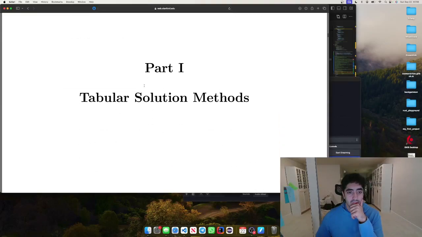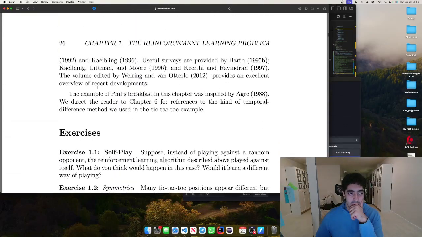Oh, maybe we should read this exercise. The example of Philip's breakthrough in this chapter was inspired by Samuel. We direct the reader to chapter 6 for references to the kind of temporal difference method we use in the tic-tac-toe example.